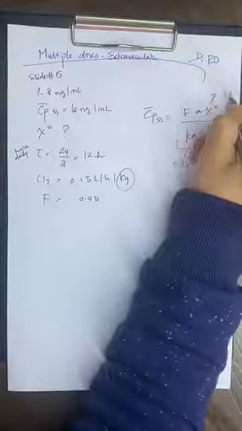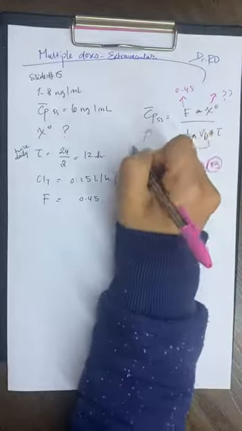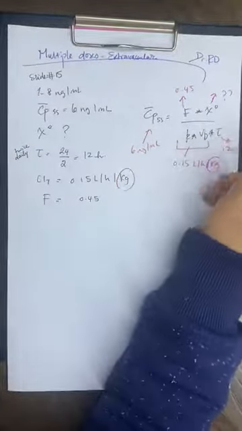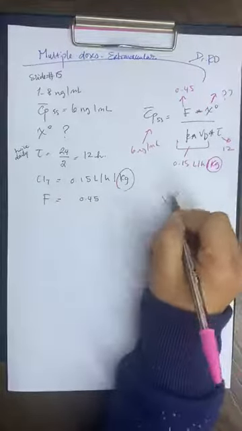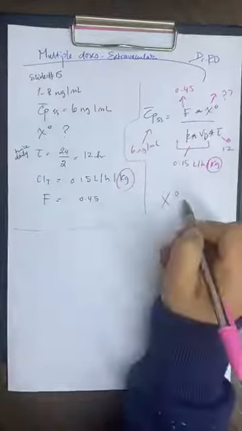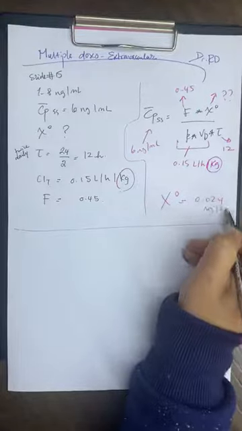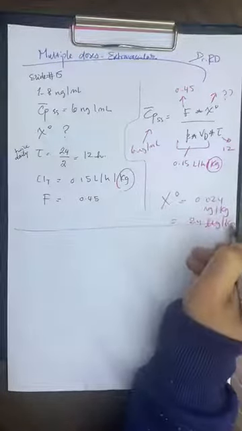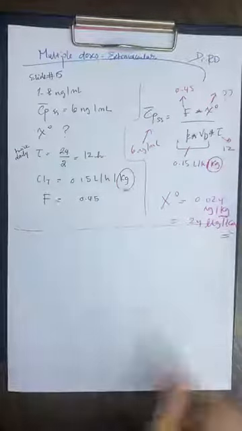F is 0.45, the Css is 6 nanogram per milliliter, and tau is 12 hours. So the dose will be equal to 0.024 nanogram per kg, or in other words 24 microgram per kg, and it should be per kg because you didn't correct for the weight.